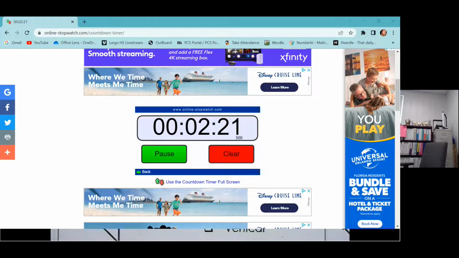Well, linear pairs make a straight line and they have to touch one another. Right, so I don't think those are touching.